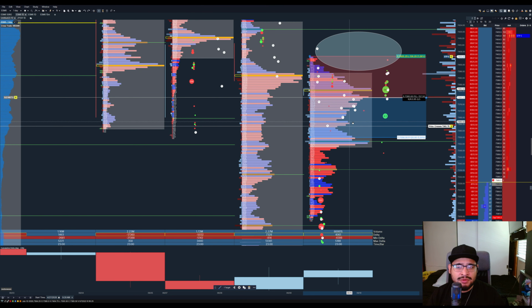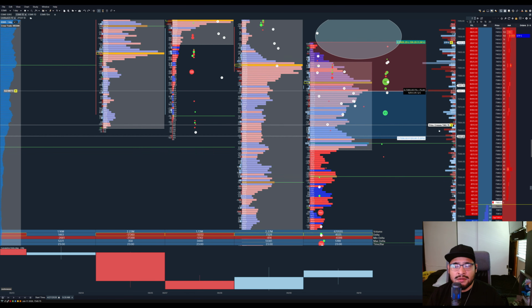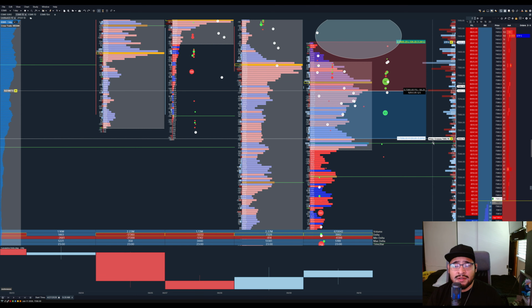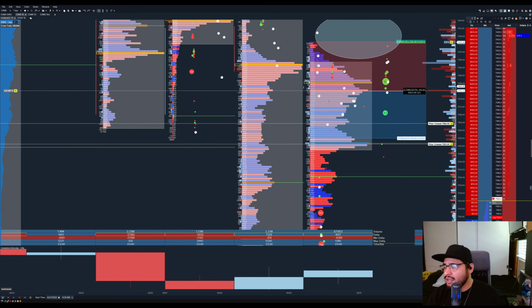There's a little node here between 63 to 60, in the 65-ish area. But I think a better target based on this would be this 73.50 range. But I'll keep my alert around the daily VWAP, and then see how price reacts there.